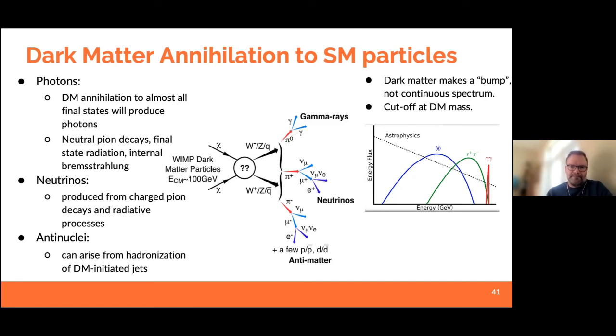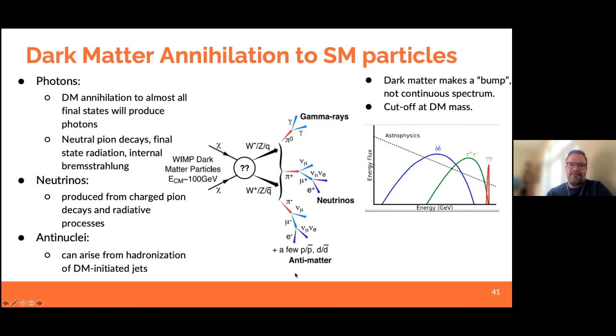And then the nice feature is that if you look at the expected signal, the dark matter makes you a bump, whereas these astrophysics backgrounds are typically just a smooth distribution that is falling. And you will get a cutoff of the spectrum at the dark matter mass.